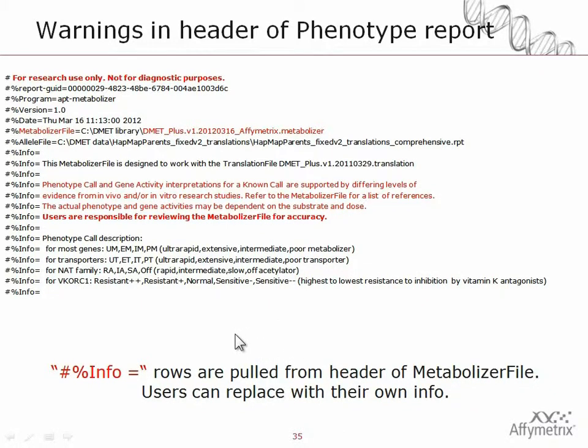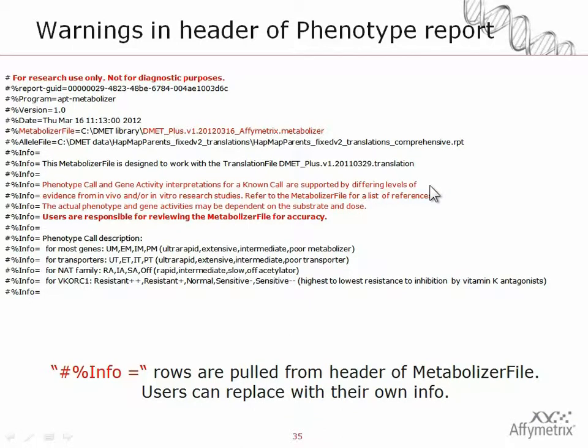Let me look at the header of a phenotype report, and I've put some text in red just for emphasis. First of all, the results are entirely a function of what metabolizer library file you use. So if you modify it, please modify a copy, so that the name of the file is meaningful for you. It's important to understand these other sections.